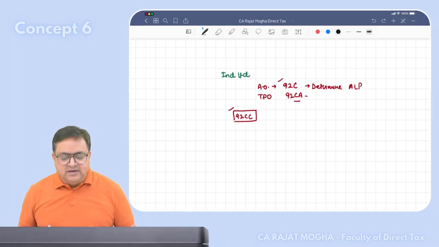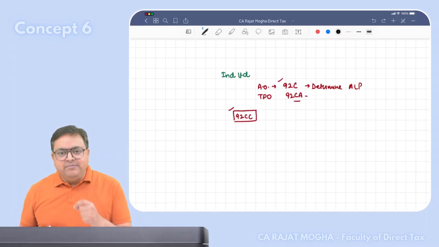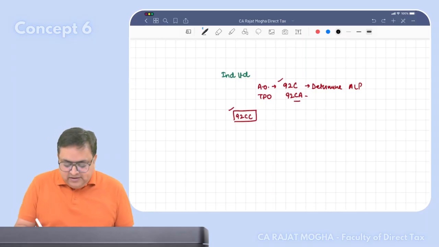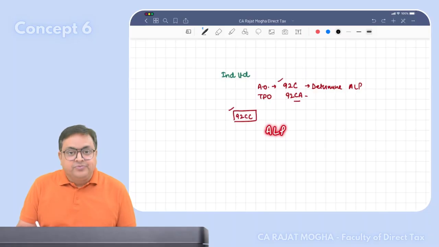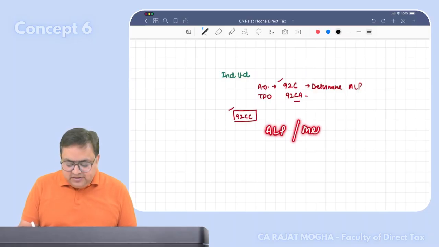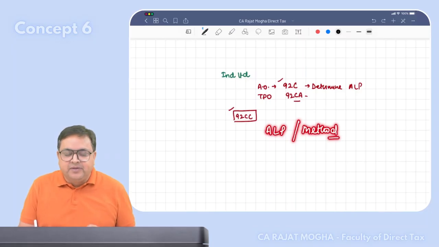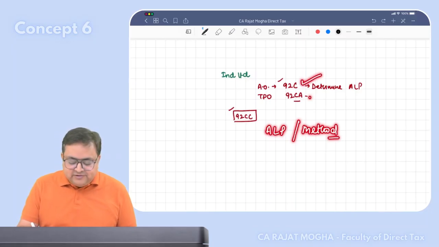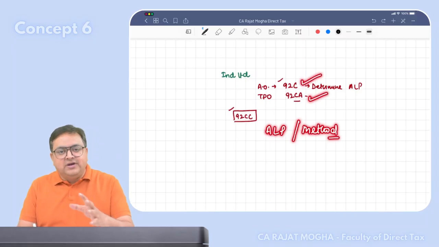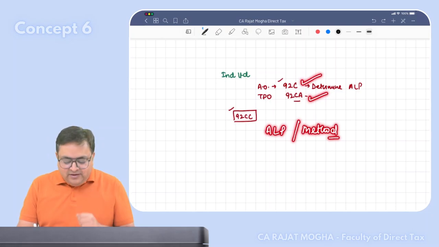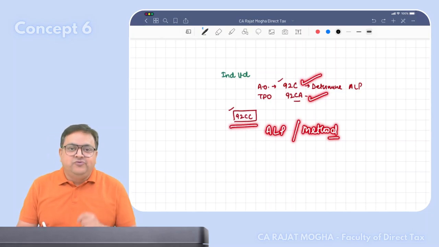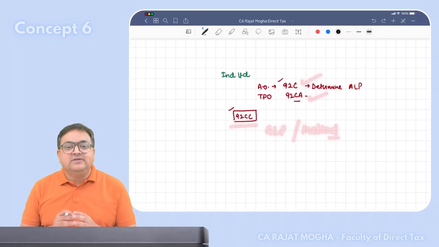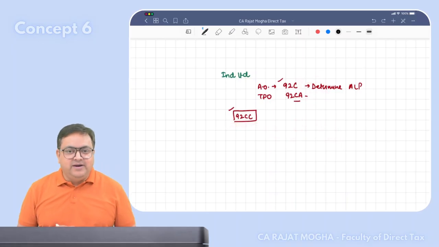Can you please help me in determining the ALP? Either determine the ALP or prescribe the method by which the ALP should be determined, so that the assessing officer or the transfer pricing officer should not disturb me. So they brought a section in 2012, 92CC, which is known as Advanced Pricing Agreement.